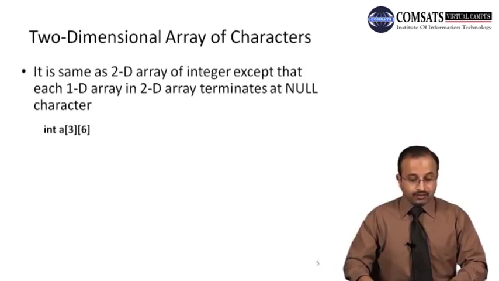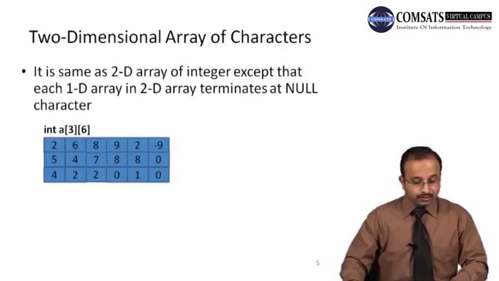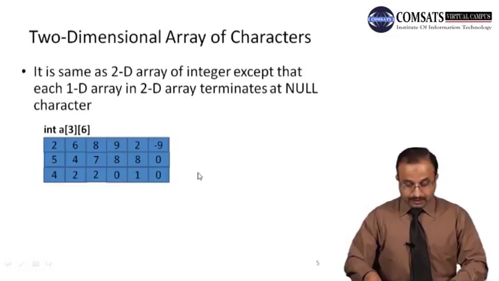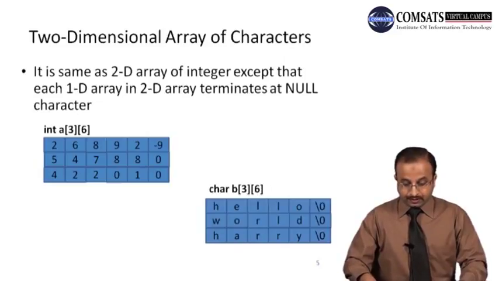Like this is a 2D array of integer, and this is not exactly the memory representation of that array. So it has 0, 1, 2, so 3 rows, and 0, 1, 2, 3, 4, 5, so 6 columns. So 3 rows and 6 columns. Let's see, this is the array of character. This is again 3 rows and 6 columns.